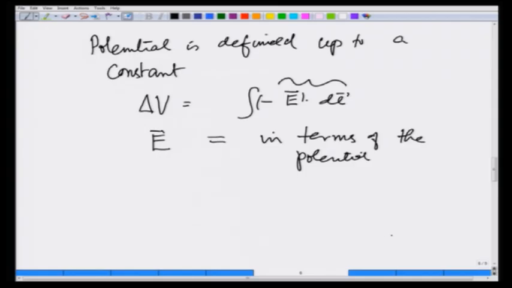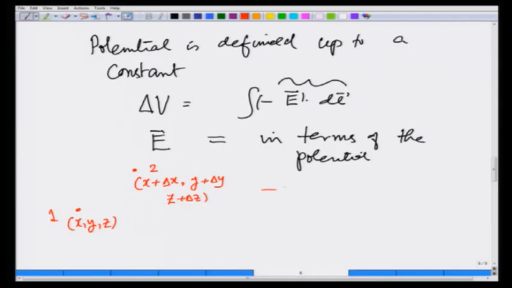So, for that, let us take 2 points nearby, point 1, which is at x, y and z, and point 2, which is at x plus delta x, y plus delta y and z plus delta z.